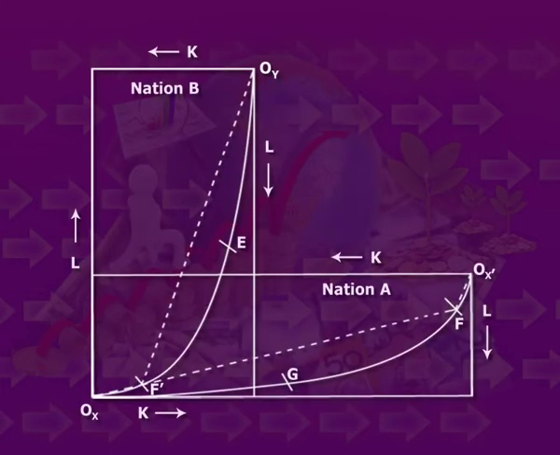Now, after trade with each other, nation A produces at point F and nation B produces at point F dash. W by R is the same in both nations and MPK by MPL is also the same in both nations. At F and F dash, the KL ratio in the production of commodity Y is also the same in both nations.